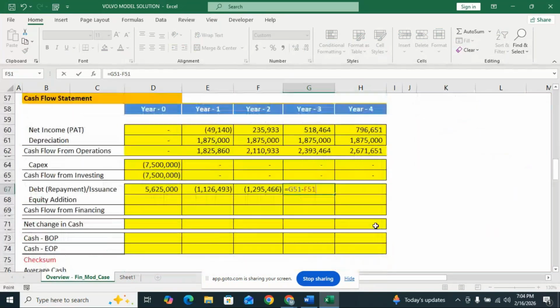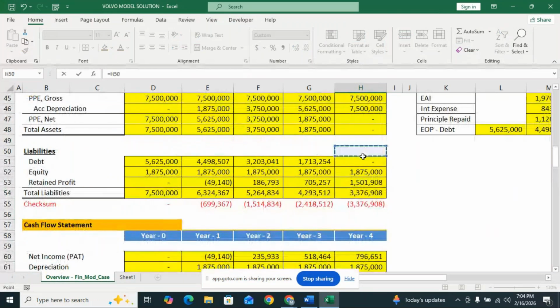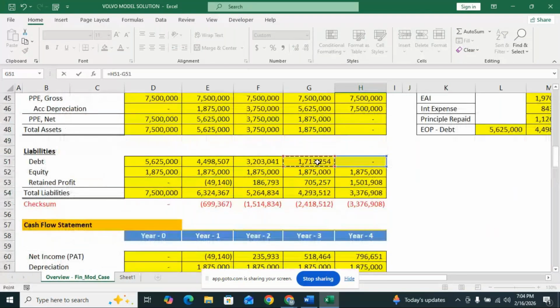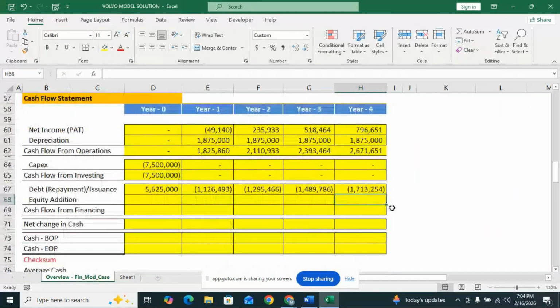That is this. And again for year four, by year four it has already been repaid, minus year three's. That's all. So like this, we have to follow the pattern to record the debt repayment.